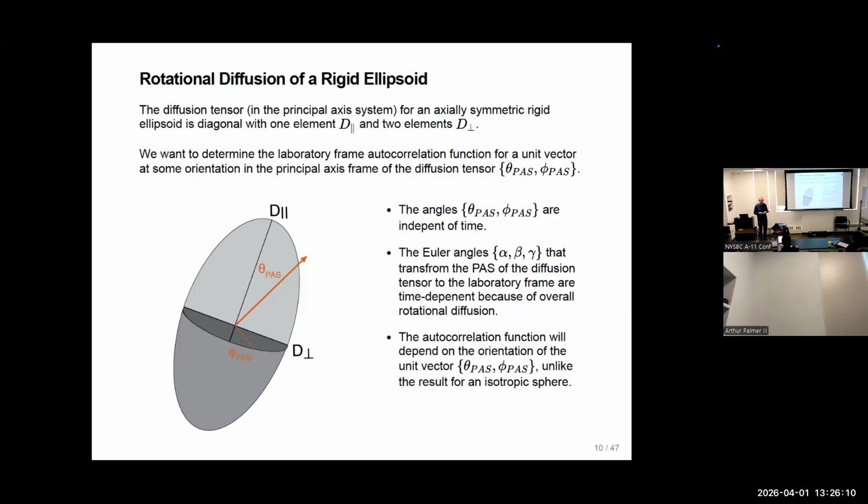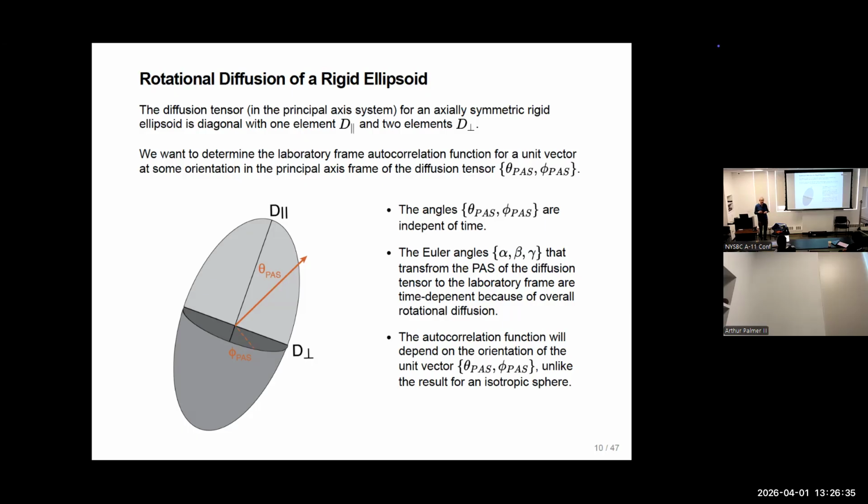And now relaxation will depend on the orientation of our relaxation Hamiltonian in the frame of the molecule. So the principal axis frame of the molecule is defined by the symmetry axes. And the principal axis frame of the Hamiltonian, of course, depends on what we're talking about.